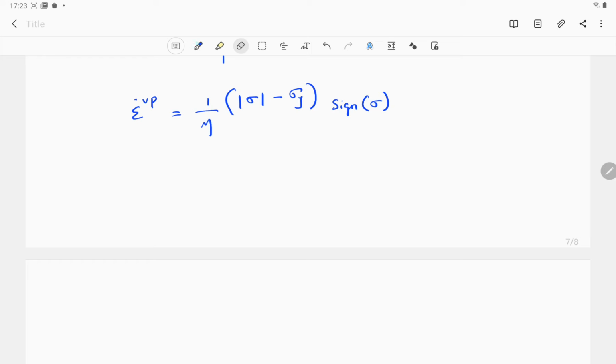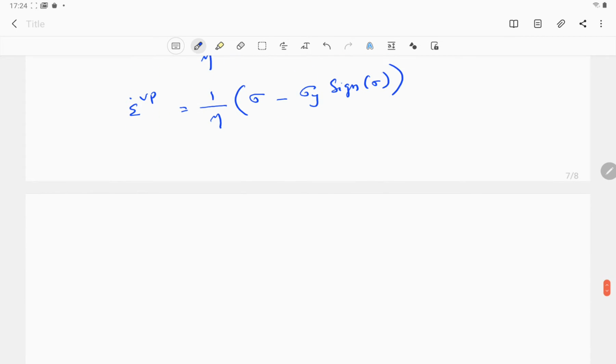Okay, from here, if I multiply the sine sigma inside, what do I get? Epsilon dot Vp is equal to 1 by eta into modulus of sigma into sine sigma is just sigma, minus sigma y into sine sigma, right?